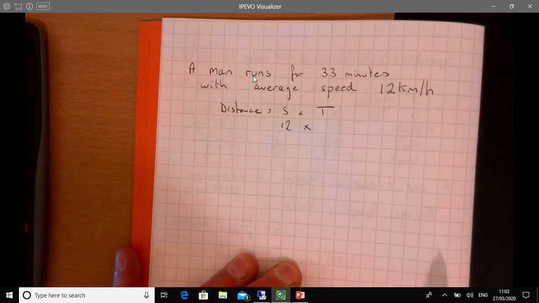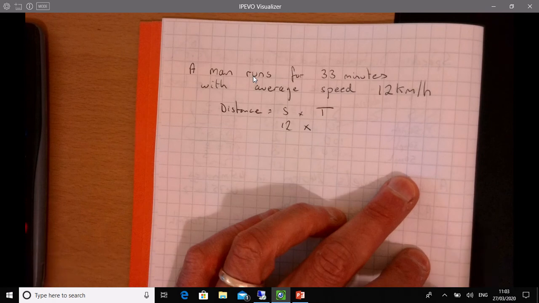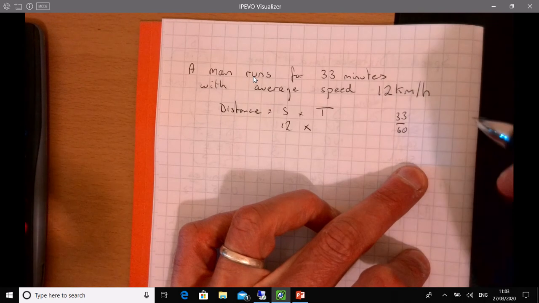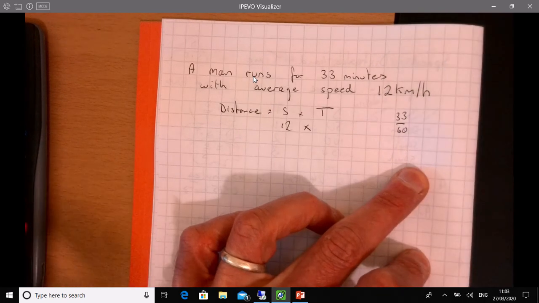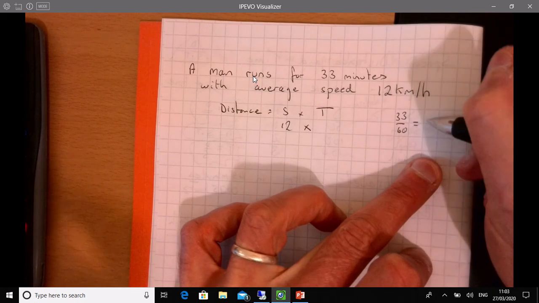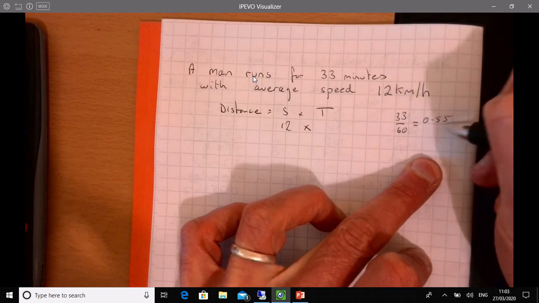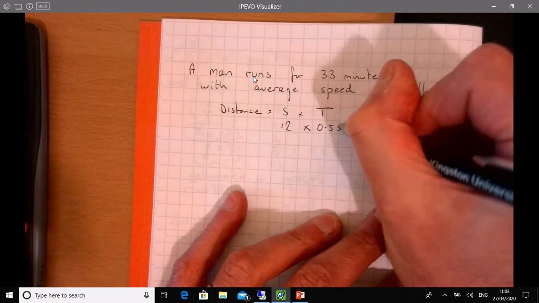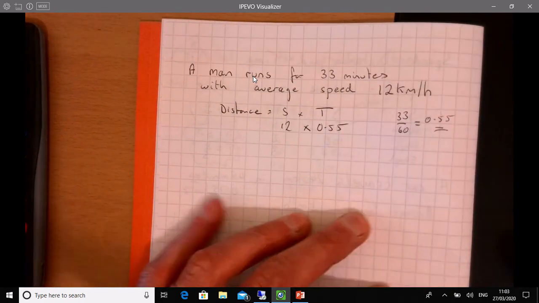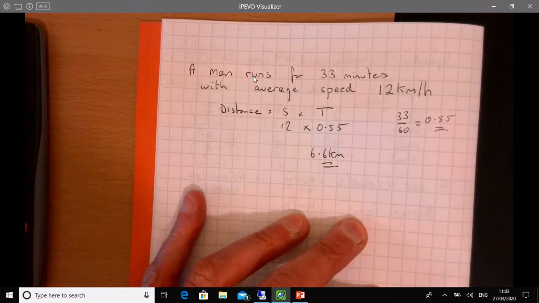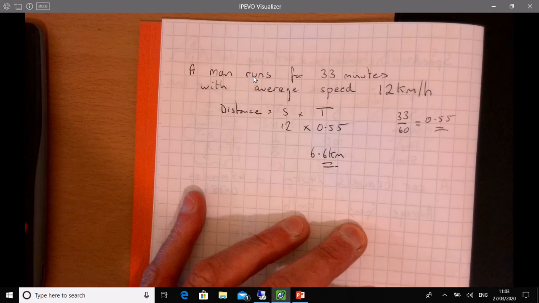Remember, we need to convert that into how much of an hour it is. Well, there are 60 minutes in an hour, so if I do 33 divided by 60, that gives me the fraction of the hour. If you work that out, that gives you 0.55. Multiply that together, and we end up with 6.6 kilometers.